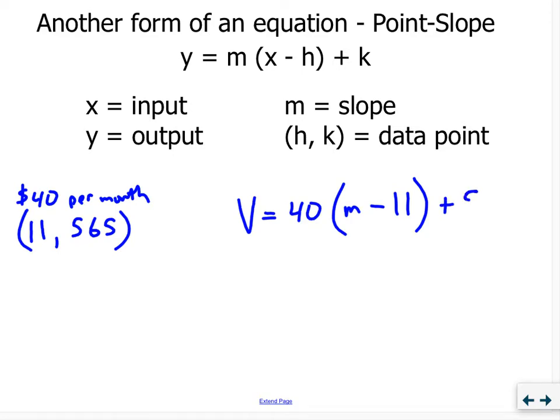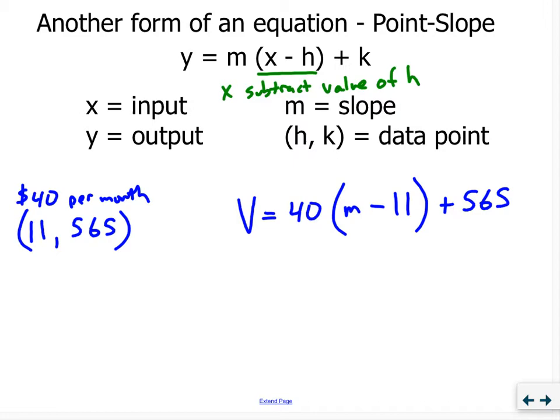And then we're going to add our 565 on the end. So one thing to notice here is that this thing in parentheses is x subtract the value of h. It's not really a minus sign. We're actually now using it as a subtraction, an operation. And I'll show you why that's important later on.